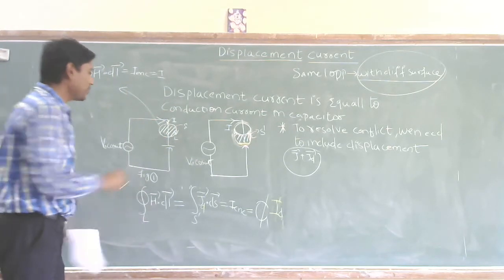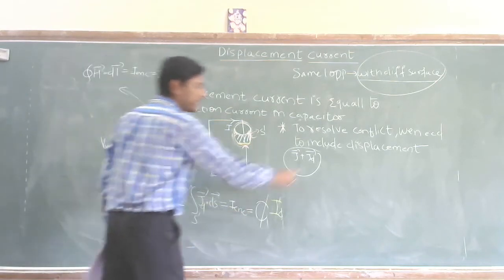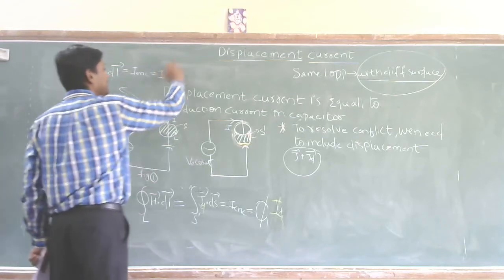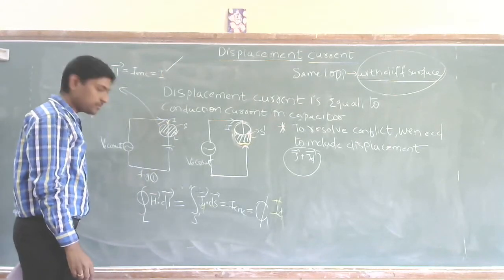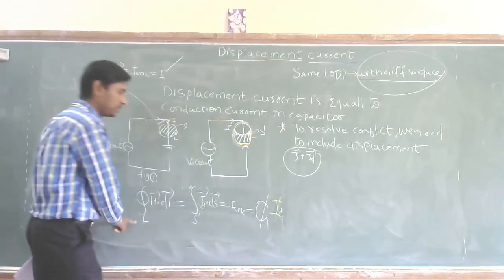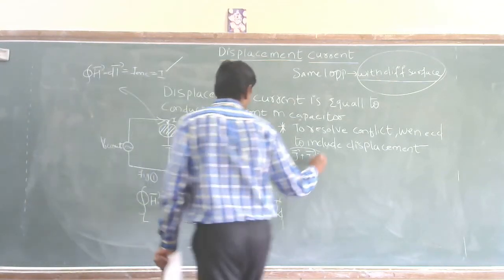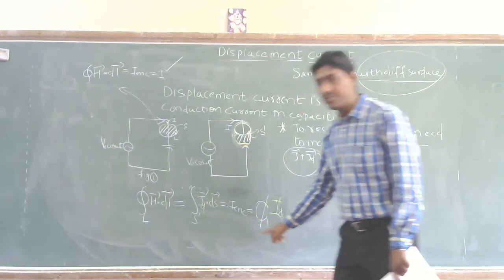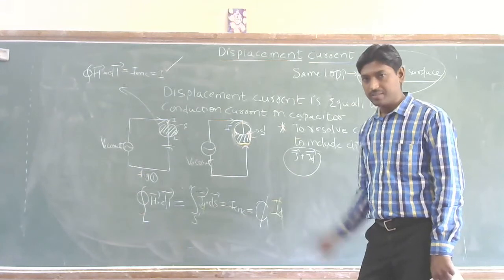So in this scenario JD is 0, whereas J is present, and hence this is correct. Whereas while considering this, we did consider the modified Ampere's circuital law, and because of that we got a contradictory issue.